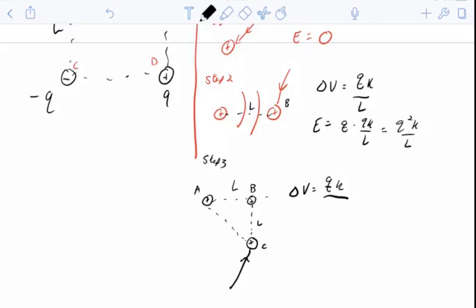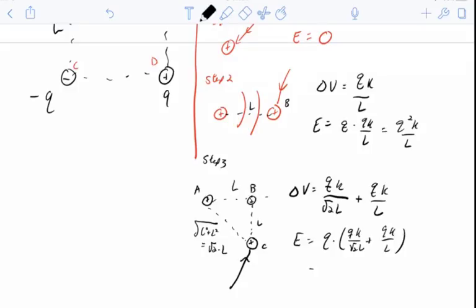It's the square root of L squared plus L squared, which is square root of 2 times L. So that's square root 2 times L, plus charge on B times K divided by L. So that energy is going to be Q times QK over square root 2L plus QK over L. So that's going to be Q squared K over square root 2L plus Q squared K over L.